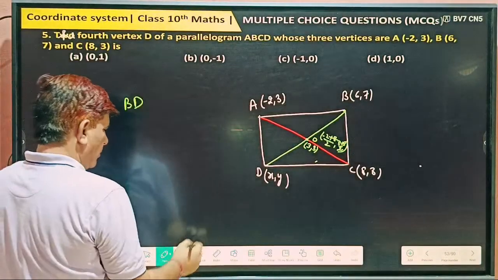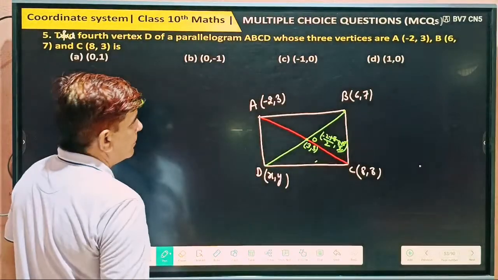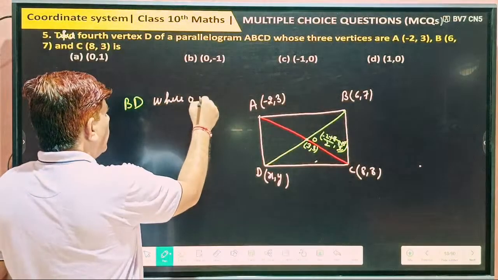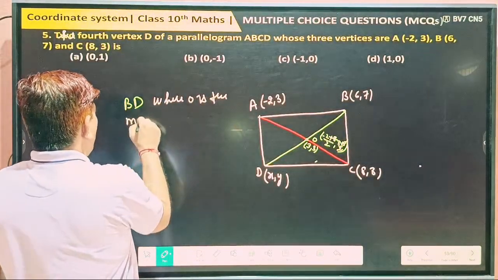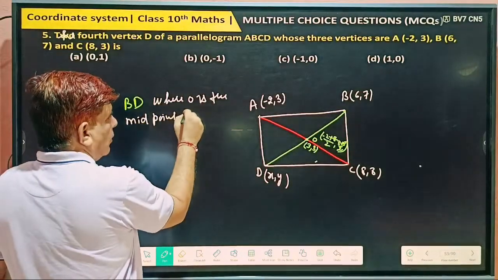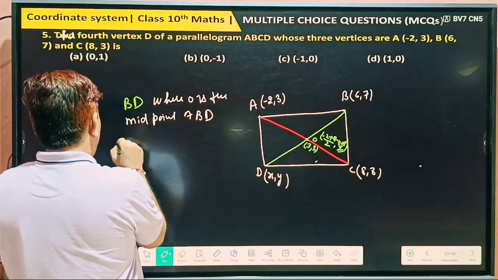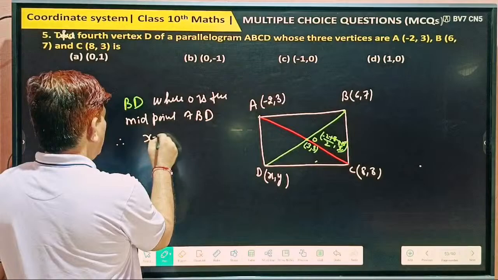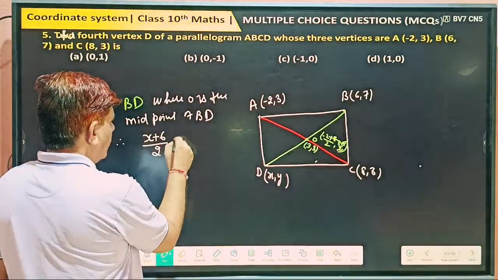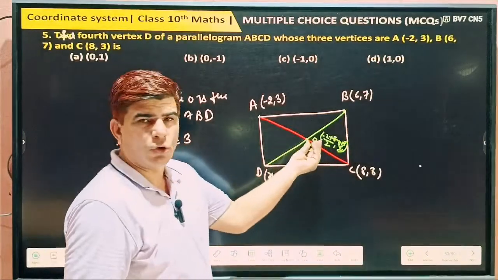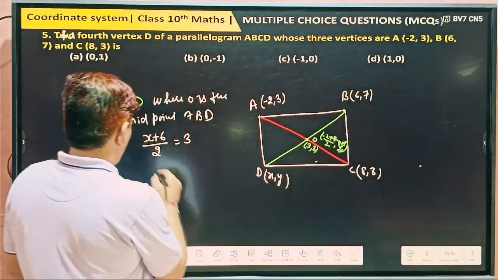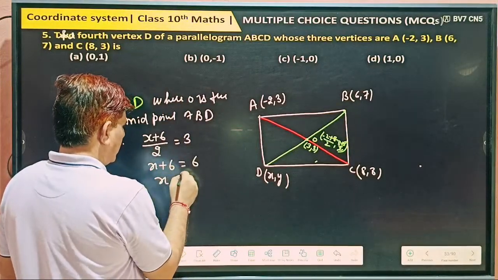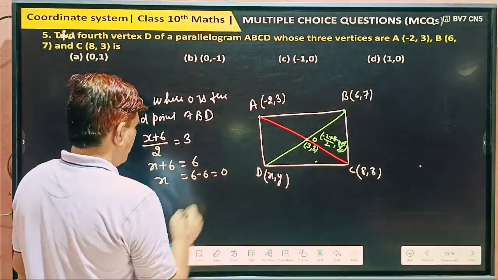BD. What is BD we have taken? Where O is the midpoint of BD. Therefore, x plus 6 by 2 equal to 3, because the coordinate of this point is 3. So x plus 6 equal to 6. So what is your x? 6 minus 6, how much? 0.